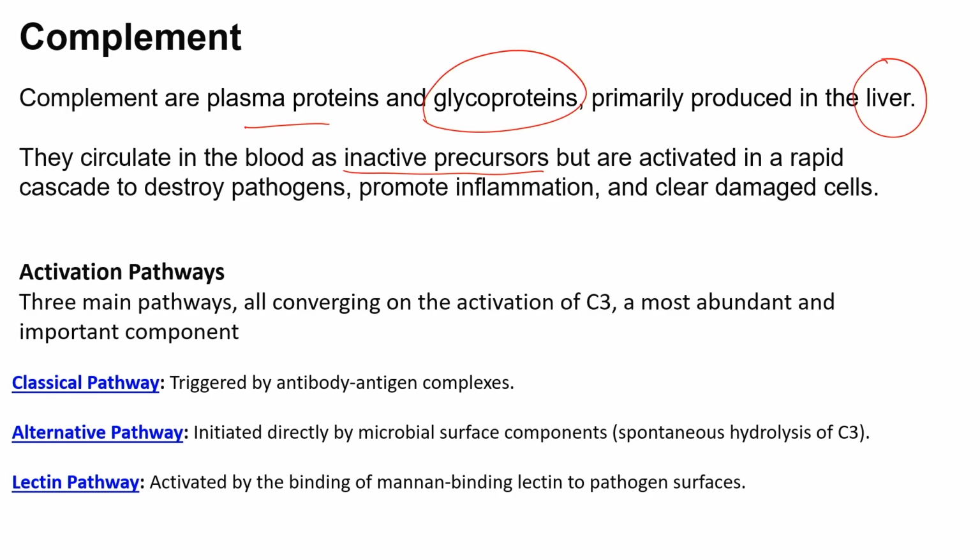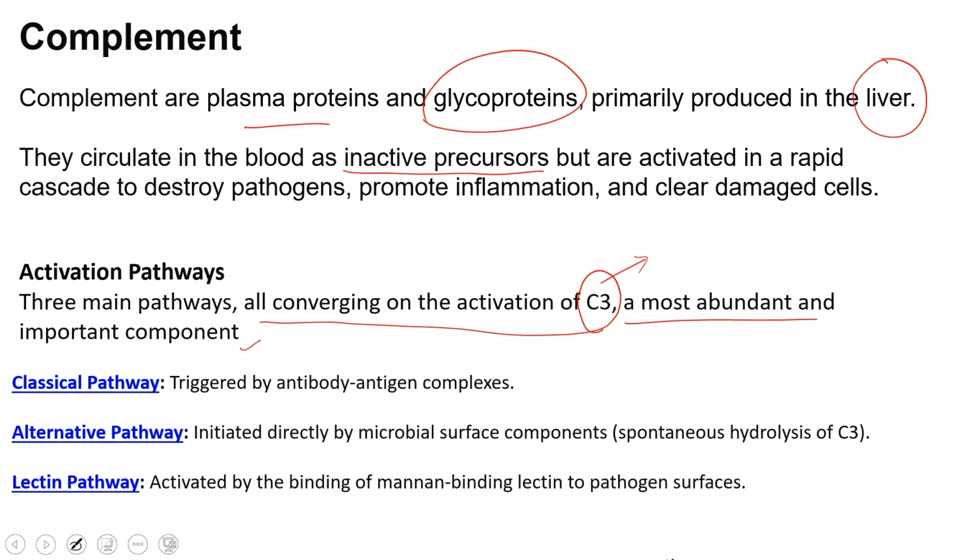So this pathway of complement, which we call the complement activation pathway, actually has three main pathways. All come to a single point where there is an activation of the protein called complement protein 3, C3, the most abundant protein in the complement system. So the three pathways listed here are mostly based on how C3 is getting activated. The first one is called the classical pathway.